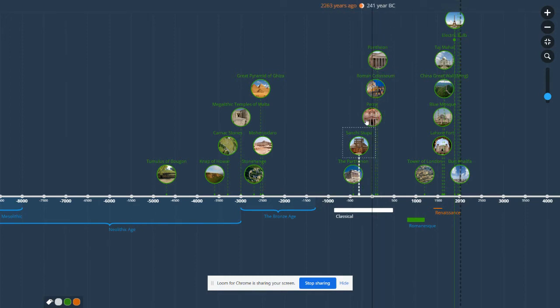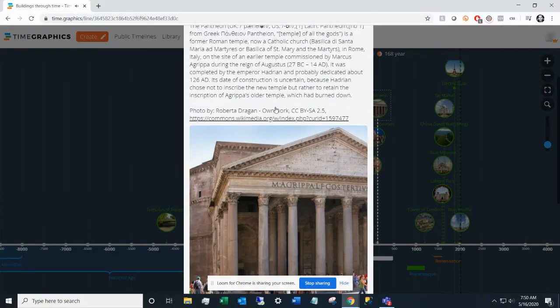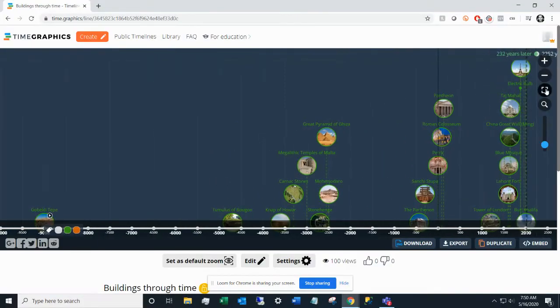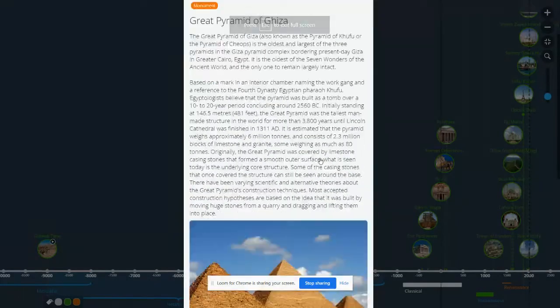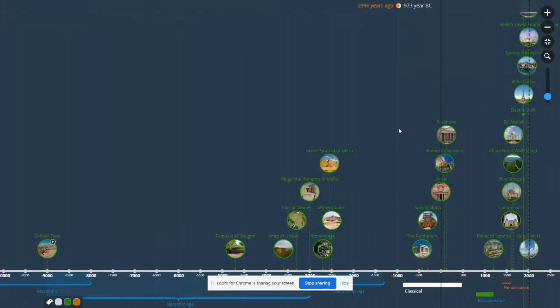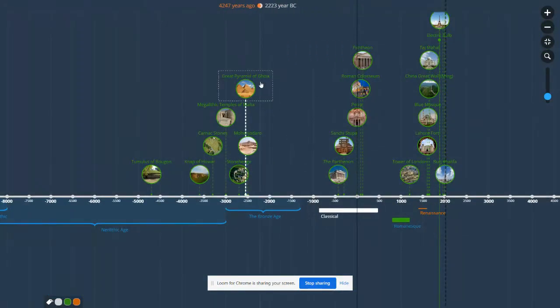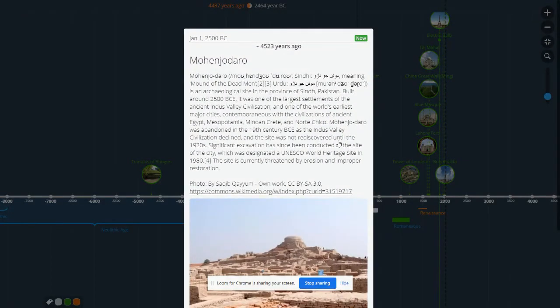While the Pantheon and the Roman Colosseum are amazing examples of architecture, the pyramid of Giza is literally head and shoulders above what we see elsewhere. It's really advanced for the time, an example of intimidating architecture. We also have Mohenjo-daro around that time, so 4,500 years ago.